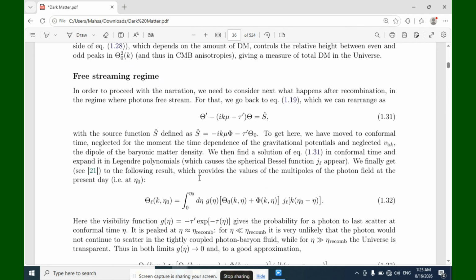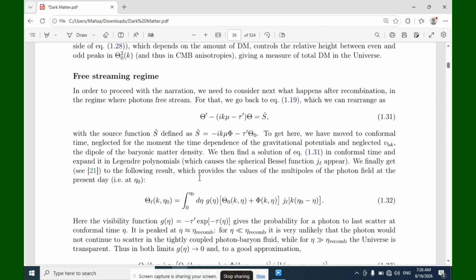In order to proceed with the narration, we need to consider next what happens after recombination. In the regime where photons free stream, we go back to equation 1.19, which we can rearrange as theta prime minus i k mu minus tau prime multiplied by theta is equal to S, with the source function S defined as S is equal to minus i k mu phi minus tau prime theta_b.